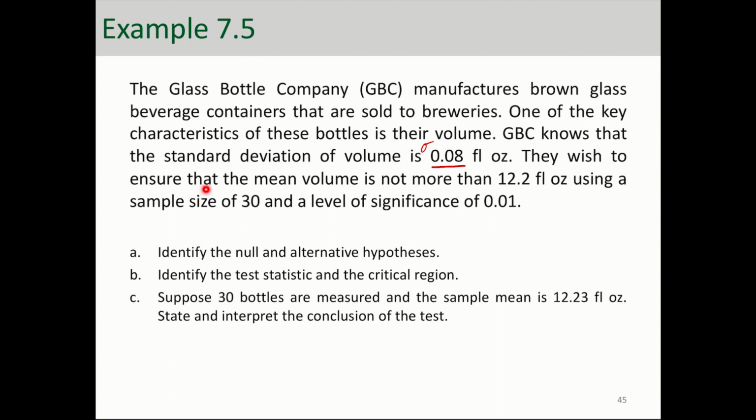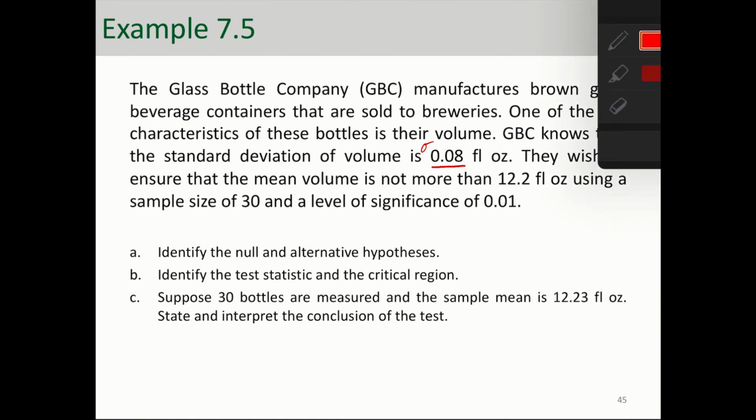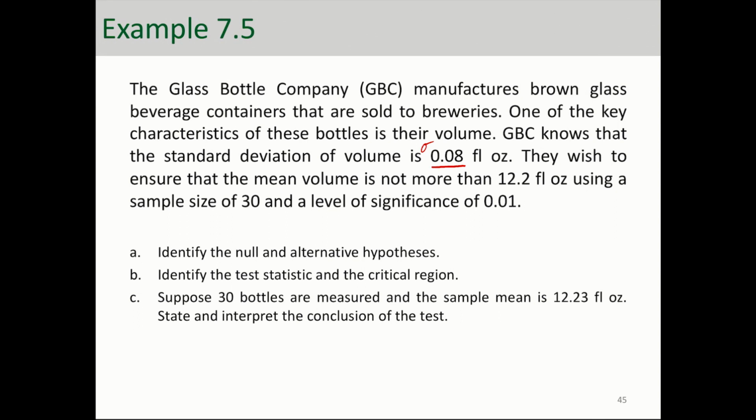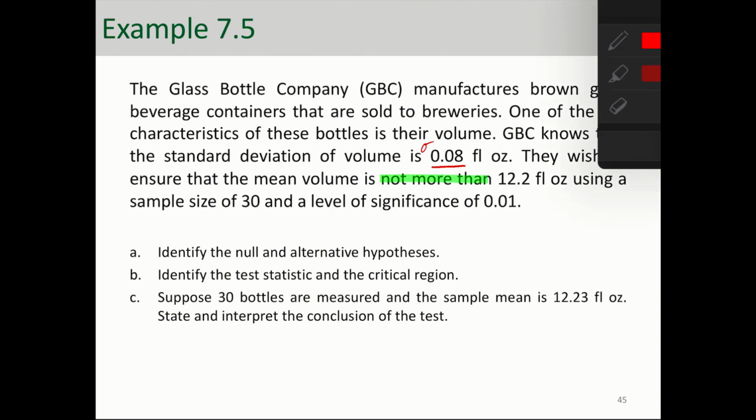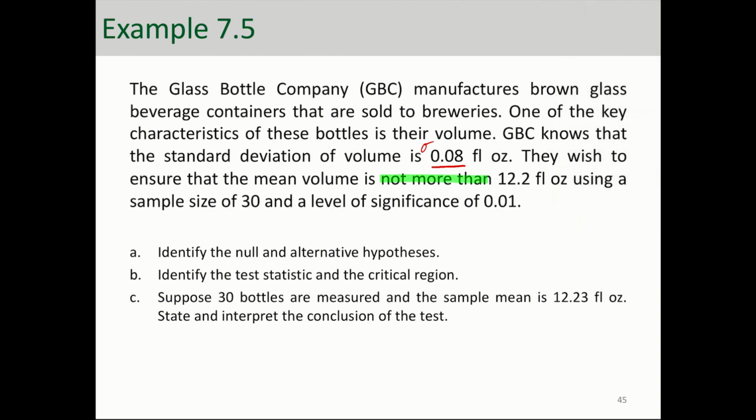They wish to ensure that the mean volume is not more than 12.2. So right here is an indication that this test is going to be a one-sided test, because it's asking us to check whether the mean volume is not more than 12.2. Not more than 12.2 means your alternative hypothesis is going to have either a more than sign or a less than sign, and we'll talk about that.